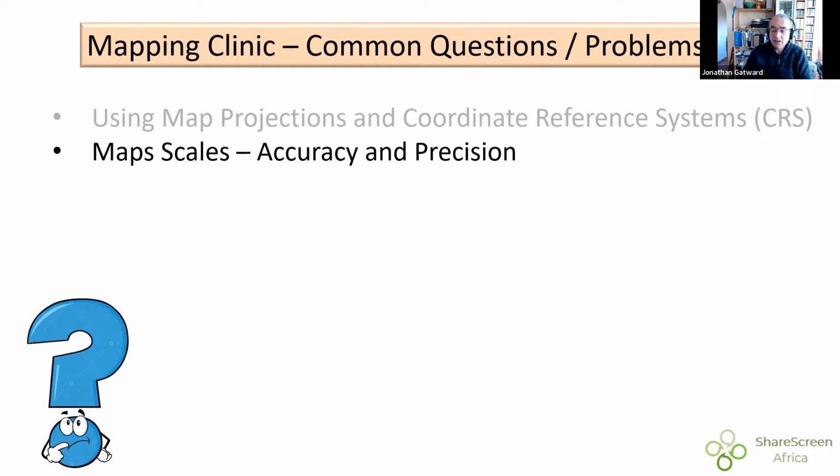Map scales, accuracy and precision are also key areas for investigation and consideration. Depending on what type of work you're doing, you'll be using maps of different scales, and they themselves will be at different levels of accuracy in terms of geographic location and in the precision and the detail that you can actually get from that map.